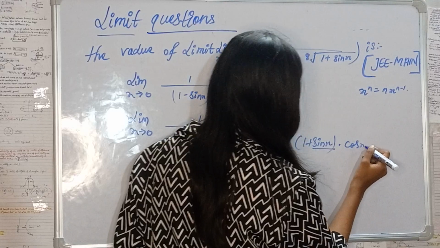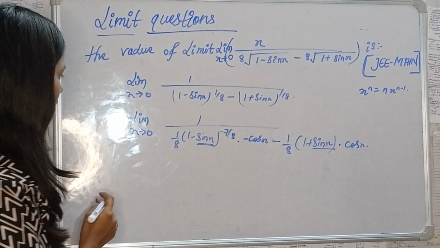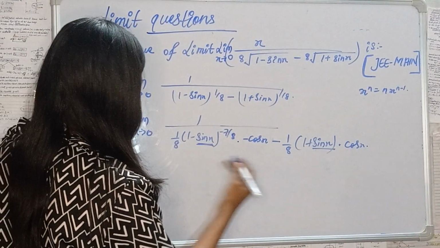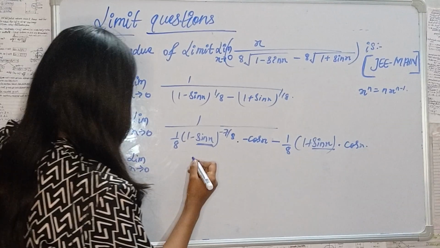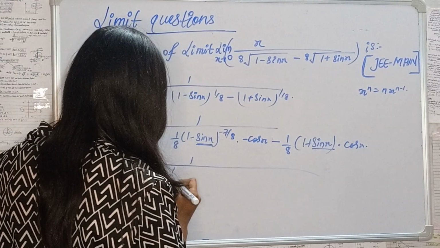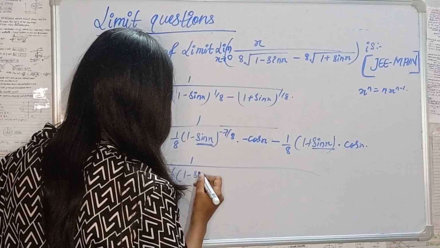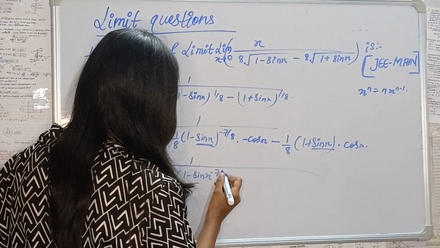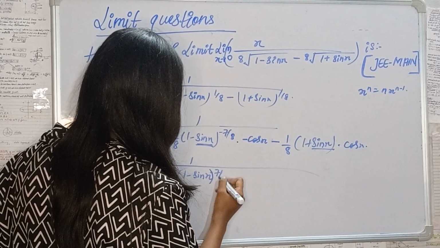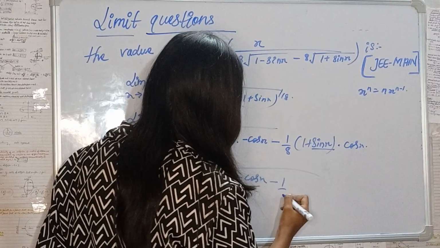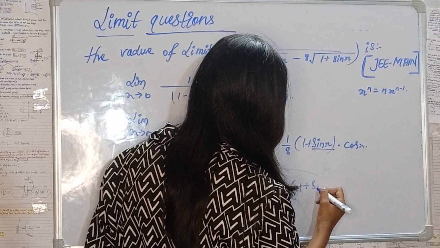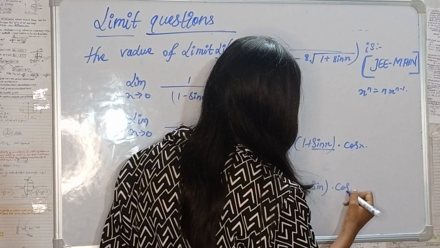So the limit as x tends to 0 is 1 upon 1 by 8 times 1 minus sin x to the power minus 7 by 8, times minus cos x, minus 1 by 8 times 1 plus sin x to the power minus 7 by 8, into cos x.